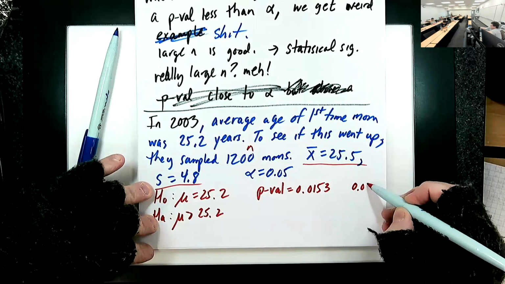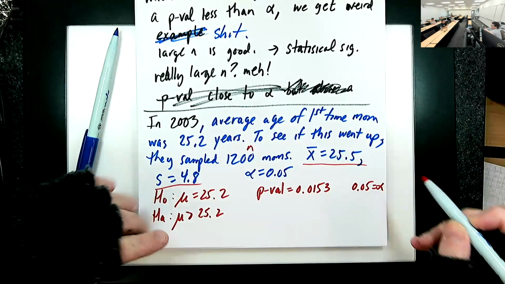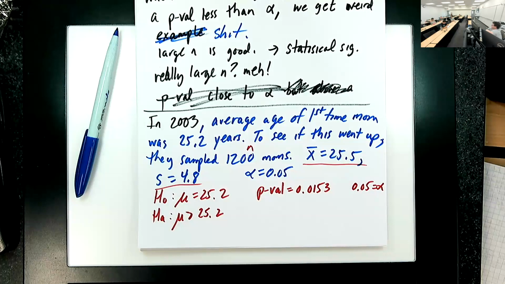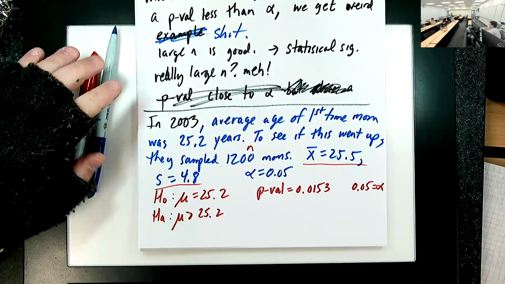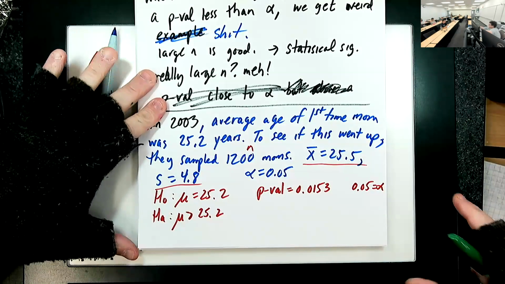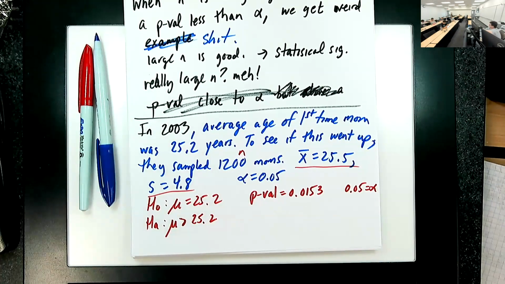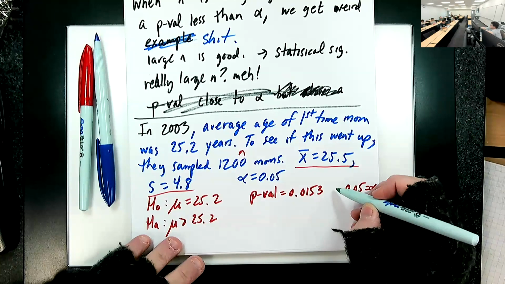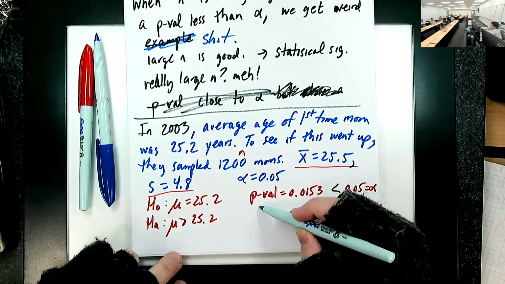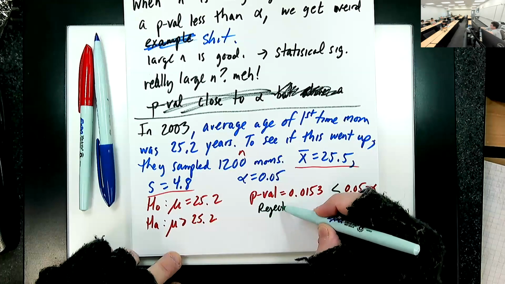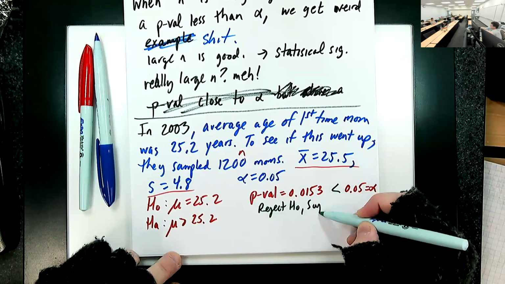Alpha was 0.05. What kind of judgment do we make about this now? If we were going through with the hypothesis test, what would happen? It's less than, so it's too low. We reject the H0. We support HA.